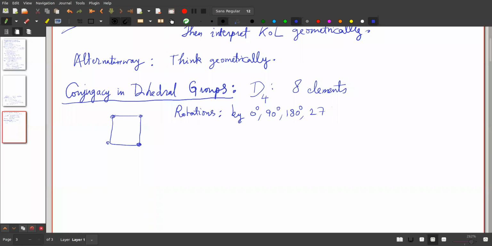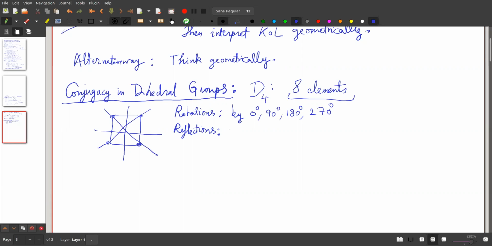Then the reflections. What are the reflections? Horizontal and vertical, and also the diagonals. There are eight elements in total.